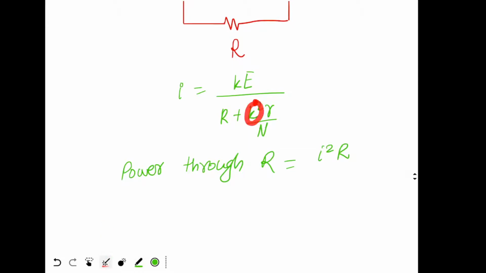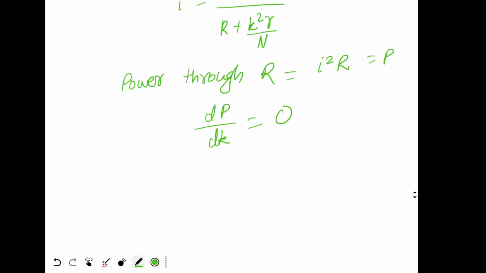If I change K, I will change, and if I change I, the power will change. So for maximum power, let's call it power P, dP by dK should be 0. Maximum and minimum concept we are applying. dP by dK means 2I dI by dK times R equal to 0. So we don't really need R or 2 in this equation.